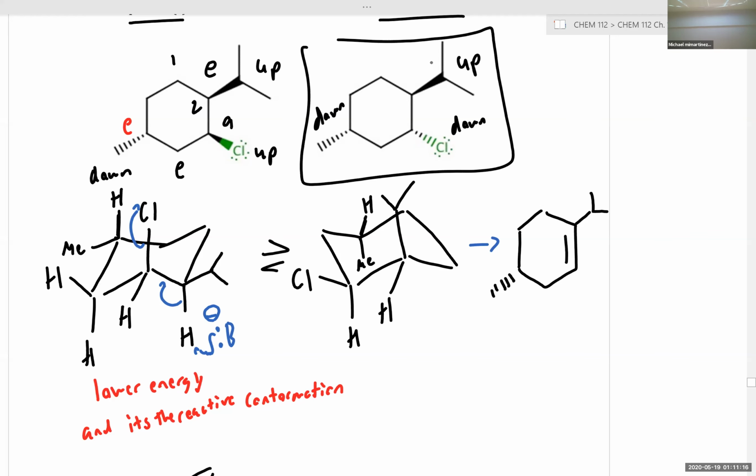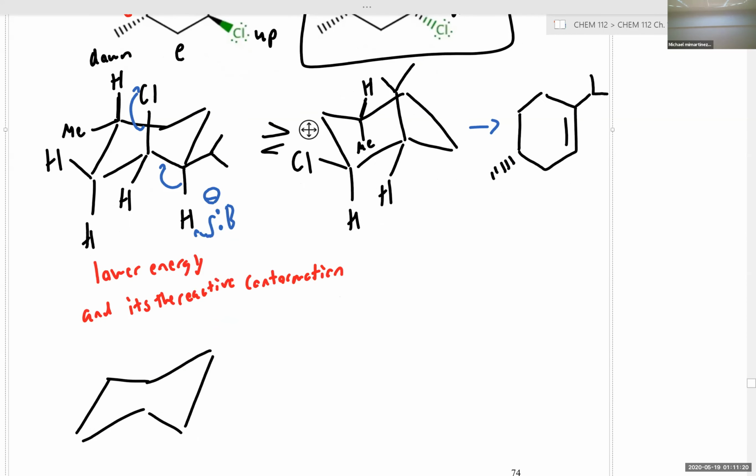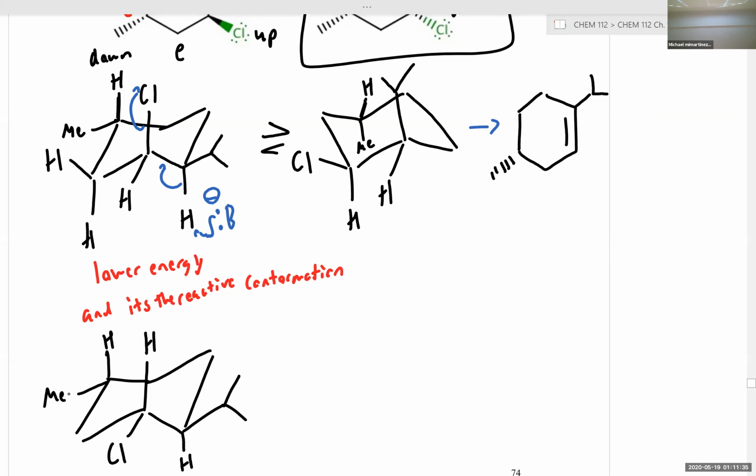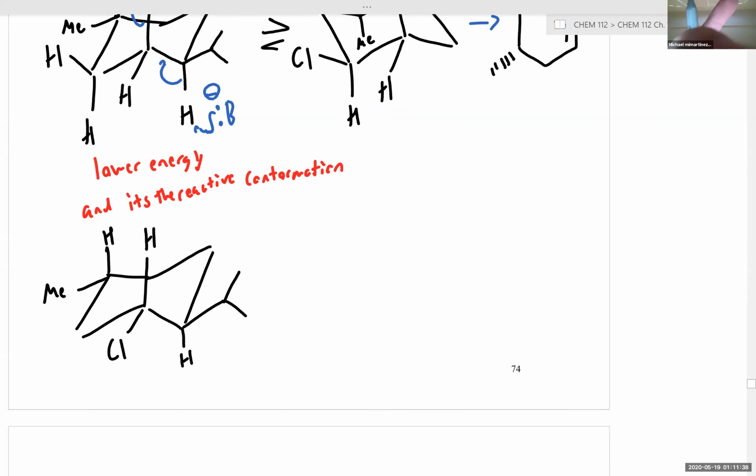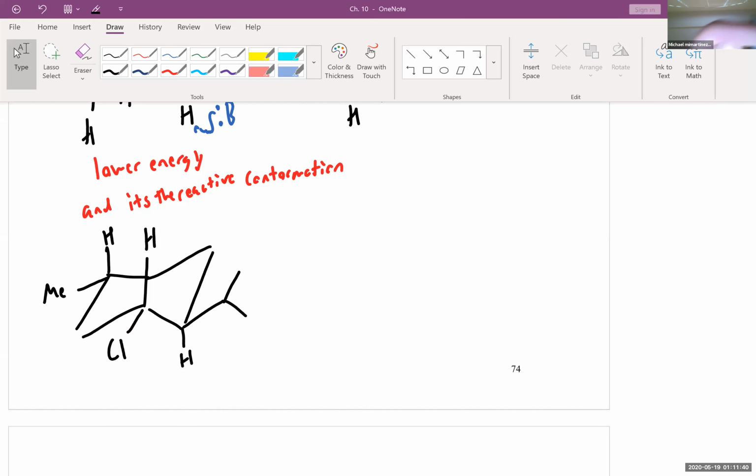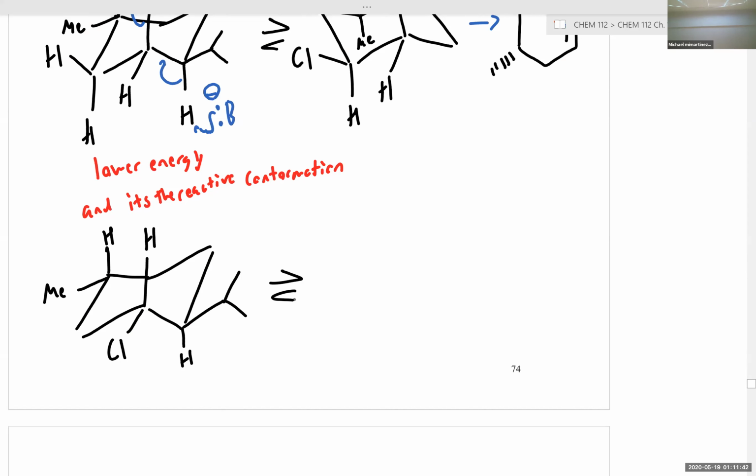Again, I'm going to arbitrarily designate the isopropyl group in the equatorial position. The chlorine is equatorial down, and our methyl stays the same, it's equatorial. So let's now draw the ring flipped conformation.